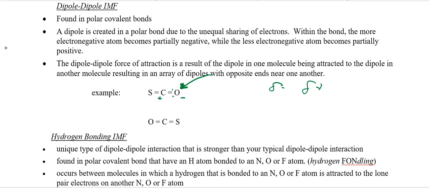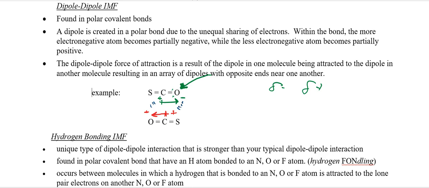But anyway, in this dipole, two poles, two regions of charge, the electrons are moving down towards the O. We call that a dipole moment. I don't know why it's not a dipole movement, but it's a moment. But anyway, I digress. So what we have there is one dipole moment going to the O. Over here we have another dipole moment going to that O. And what happens is those two molecules are going to line up because one end is negative and the other is positive, so one end is going to be attracted to the other end.